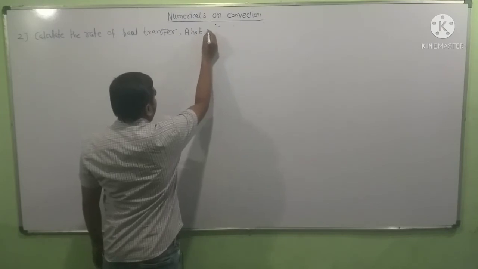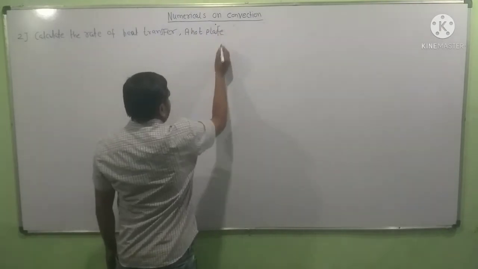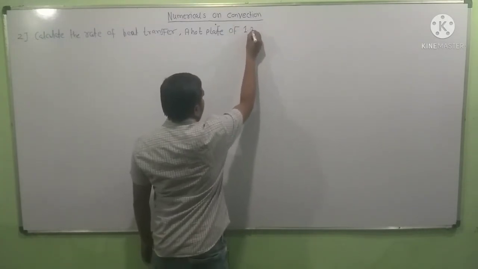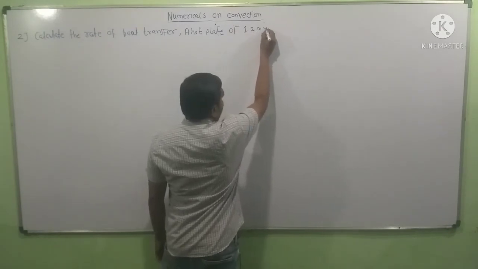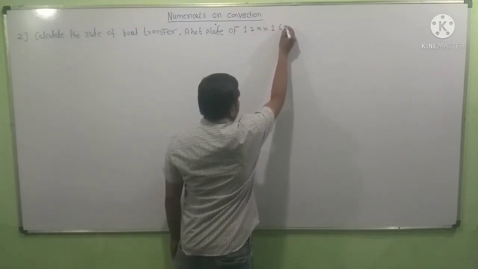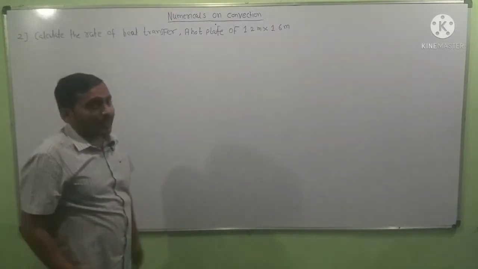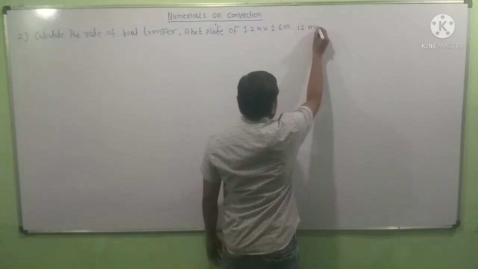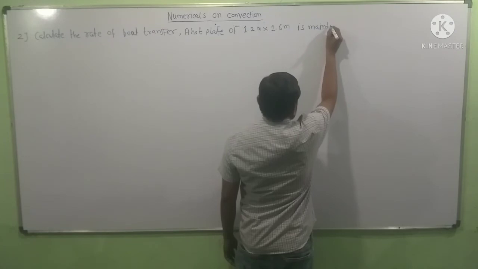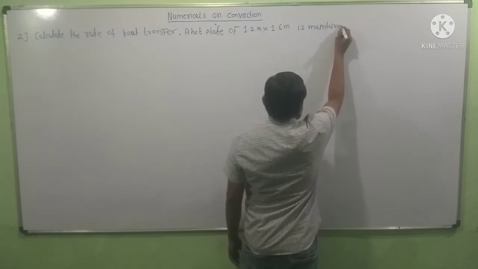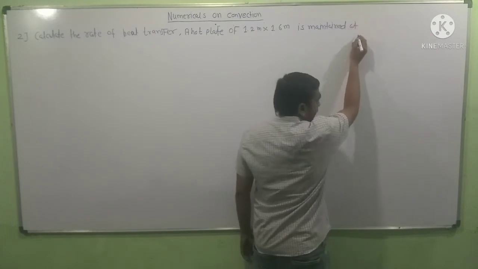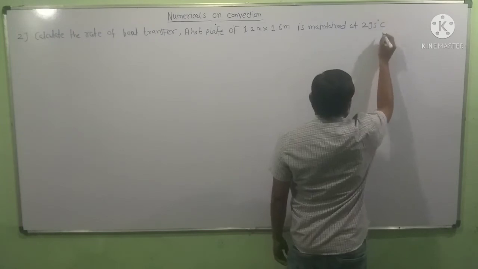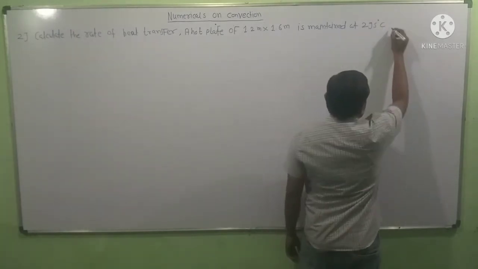A hot plate of dimensions 1.2 meter into 1.6 meter is maintained at 295 degrees Celsius.